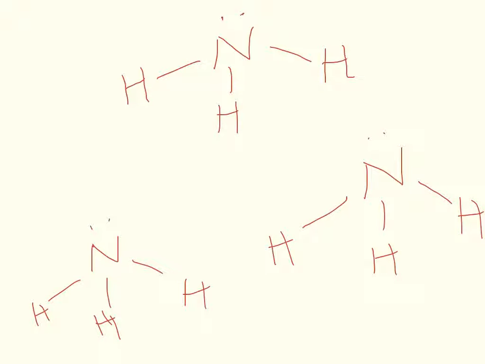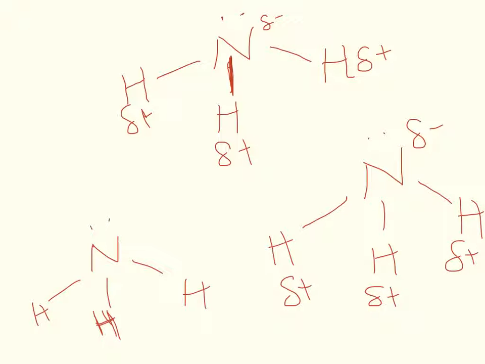Now, there is a high electronegativity difference between nitrogen and hydrogen. Because of this high electronegativity difference, hydrogens get a partial positive and nitrogen gets a partial negative charge. So this will have a negative, this will have positive, positive, positive, and this will have a negative, positive, positive, positive.